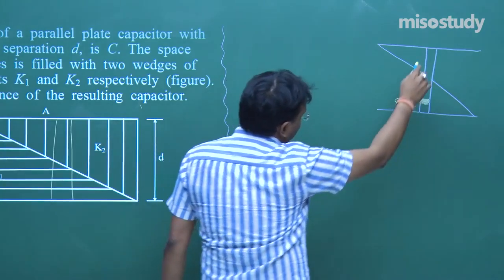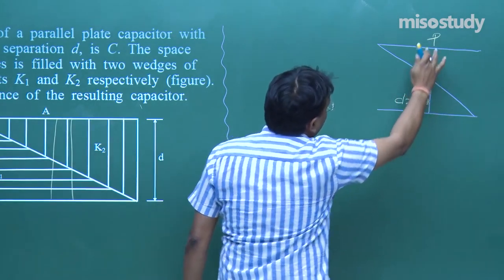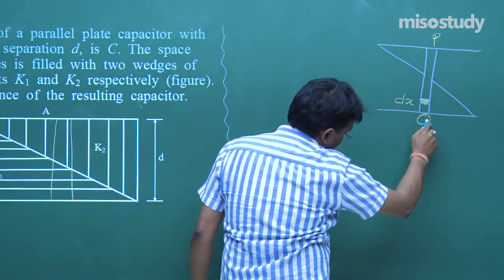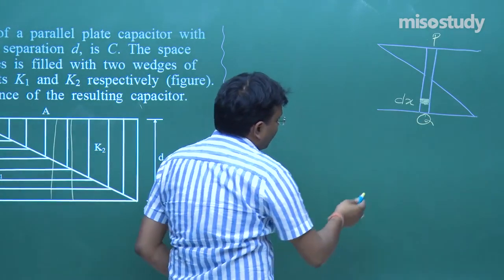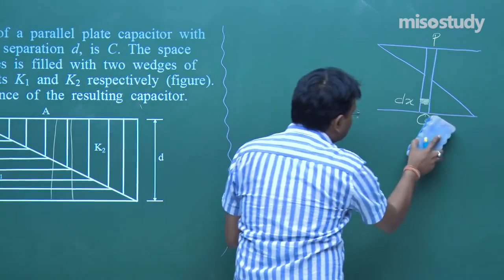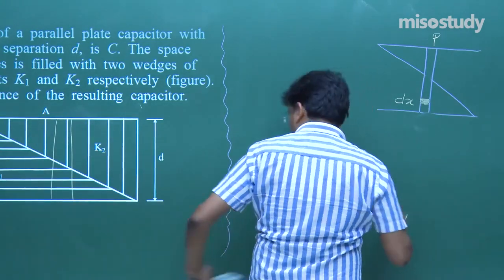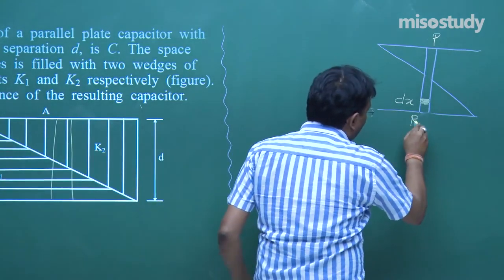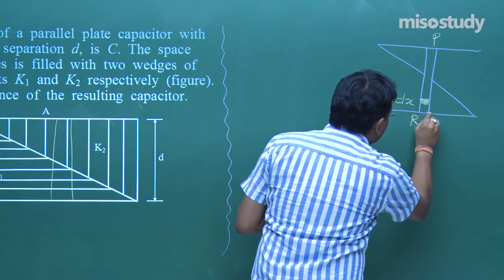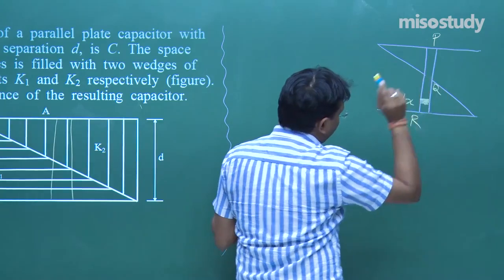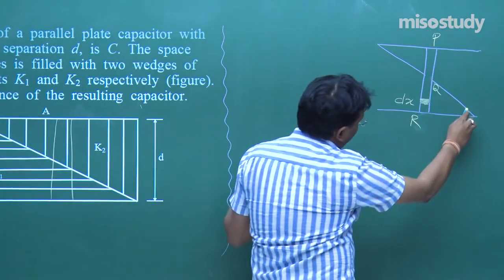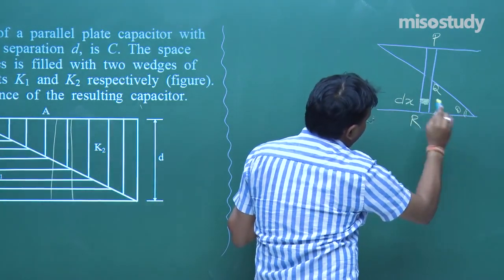This is P, and over here it is Q. Let us make it R. This point is Q, this angle is theta, and this is x.